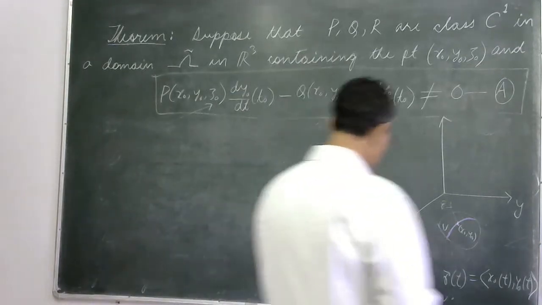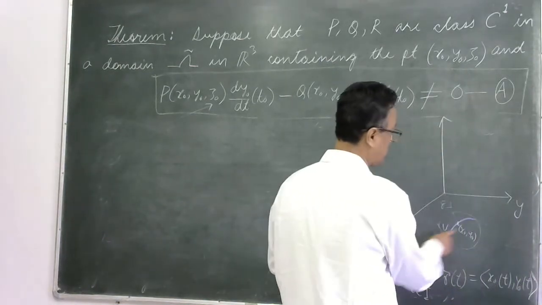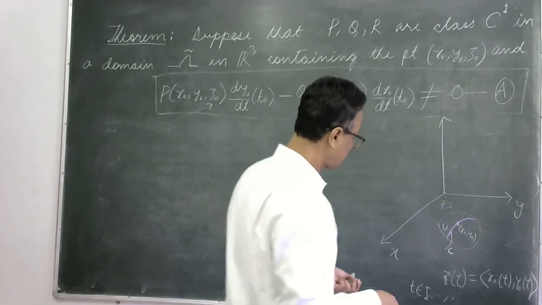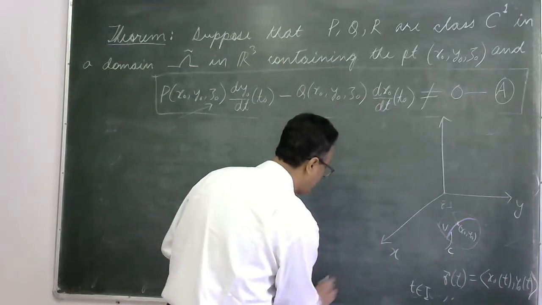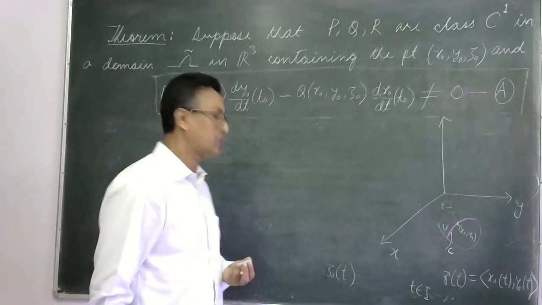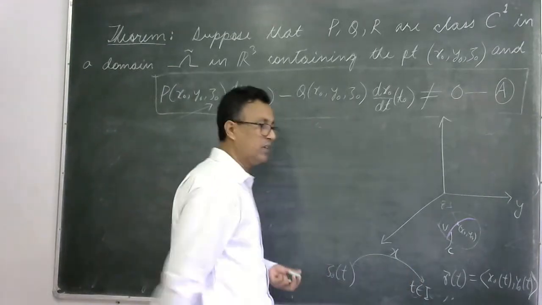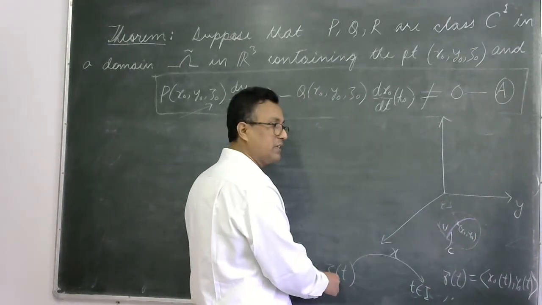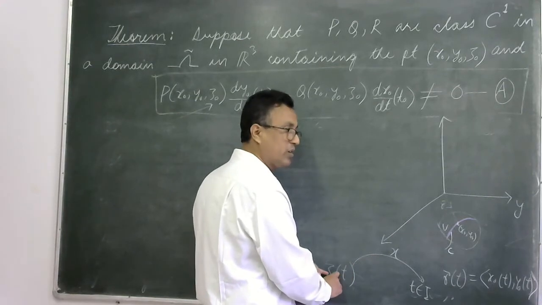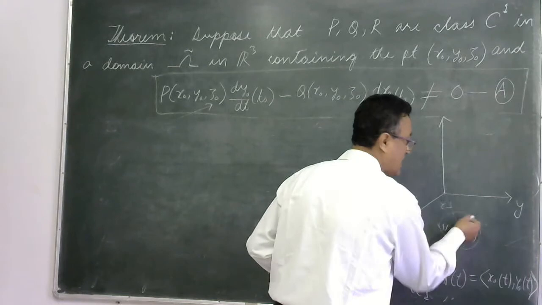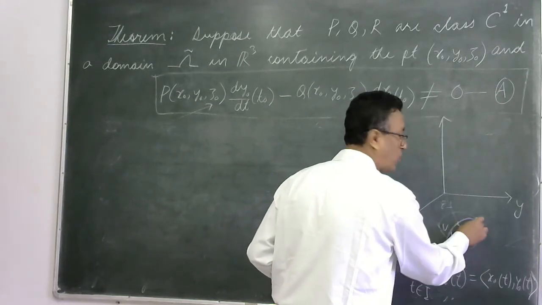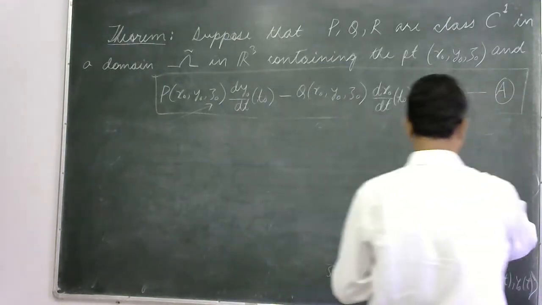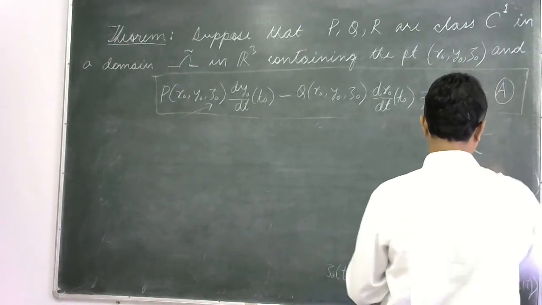Now corresponding to this curve C in the xy plane, if we define a function z naught(t) over the same interval, that means for all the points lying on this curve, I can find a third coordinate for those points x, y lying on this curve, right? So for each of these points, I can get a point in 3D space, and that is going to generate some curve like this.